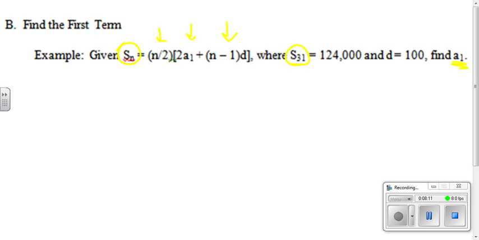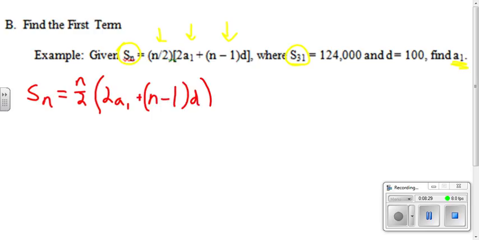We just plug everything in and set it up like we normally would. We know that we have s sub n equals n over 2 times 2a sub 1 plus n minus 1 d.